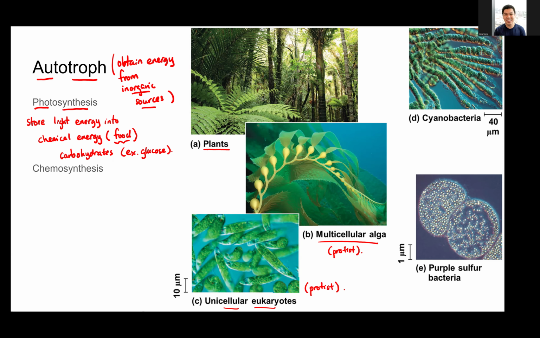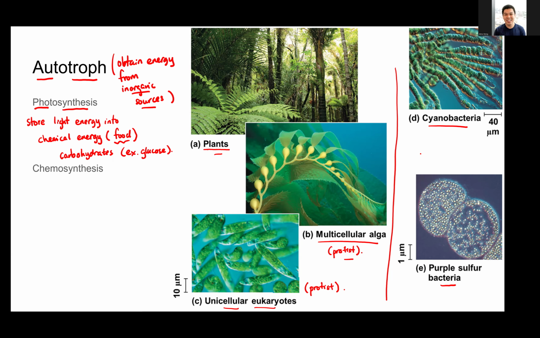But not only can eukaryotic cells do photosynthesis. Protists and plants are eukaryotes, but prokaryotic cells can also do photosynthesis. Cyanobacteria and purple sulfur bacteria do not have chloroplasts, but they do have the ability to use light energy and store it as chemical energy.